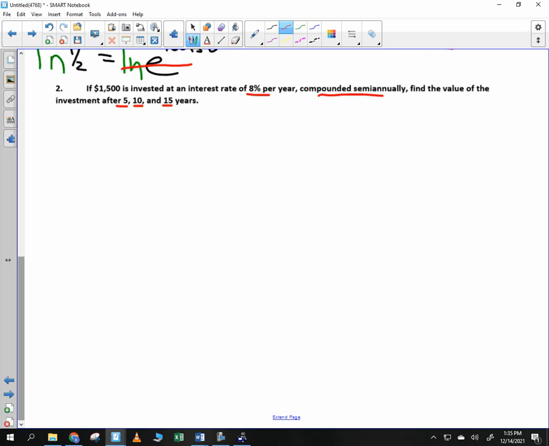We use this formula. The amount is equal to P. P is the principal. Principal is your initial investment times 1 plus R. R is the interest rate at which it's invested, divided by N. N is the number of times it's compounded over the course of the year.